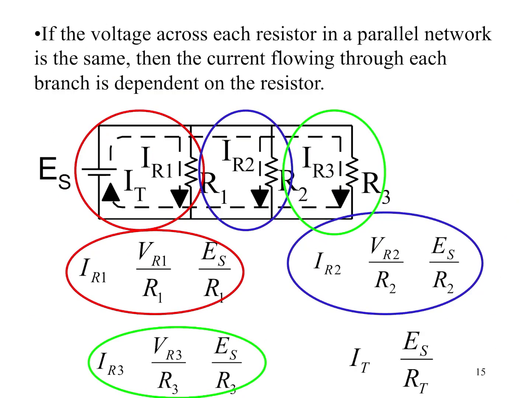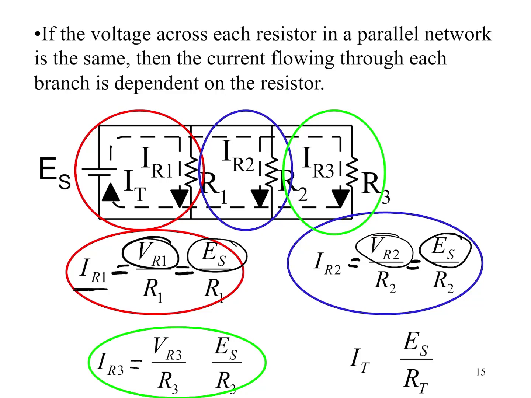So when it comes to calculating these currents, we know that our source voltage is the same as our VR1. So source divided by R1 gives you your branch 1 current. We know that ES is equal to VR2, so our source voltage divided by R2 gives us our I2 current, and so on.